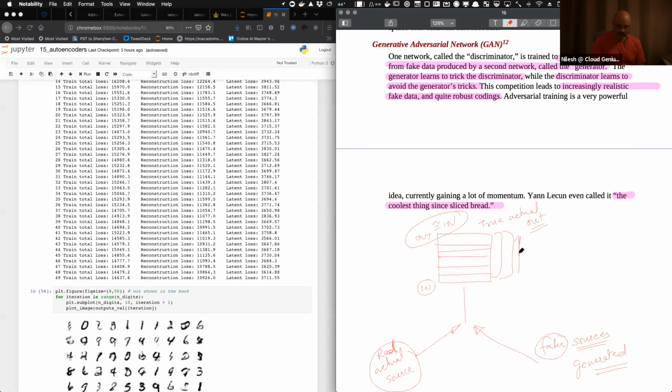That's what you want to train the system on: to be able to detect fake, discard it, and keep this one. And you will train this network also to detect the true actual and keep that as an output and discard these guys. At the same time, you will run a competitive training here.